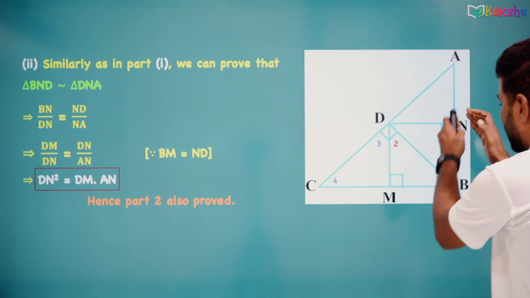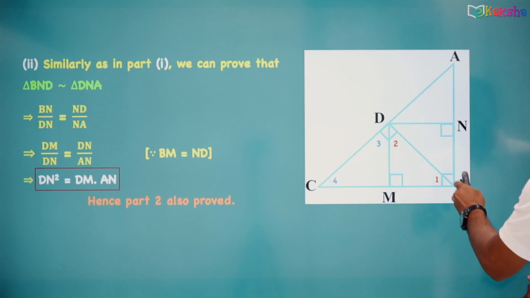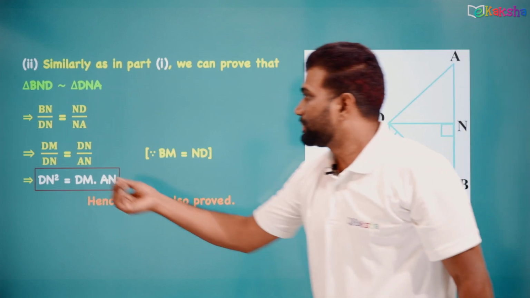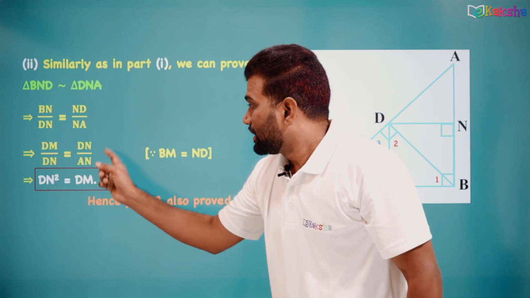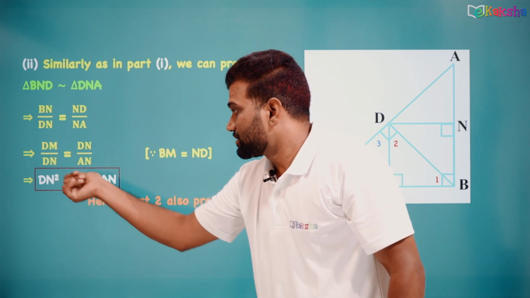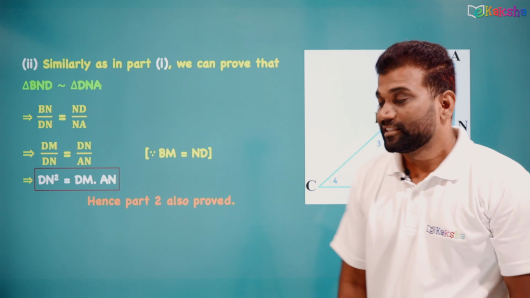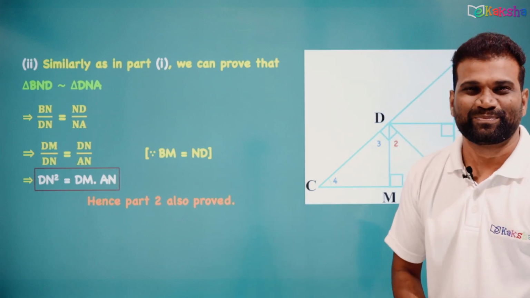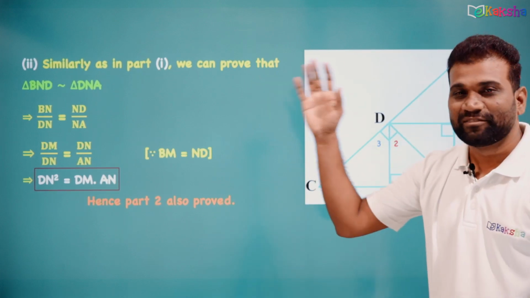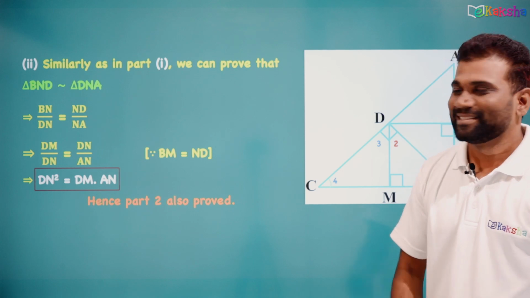Again opposite sides are equal, so BN is equal to DM, so we can replace BN with DM. On cross multiplying, we have got DN square is equal to DM into AN, so hence the second part is also proved. Clear? So this way we will prove, right? This is it.